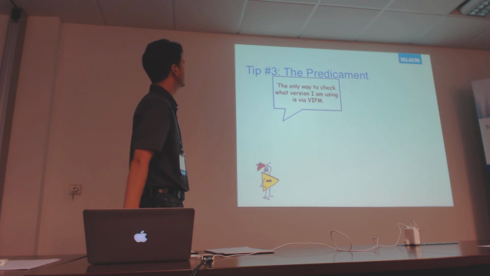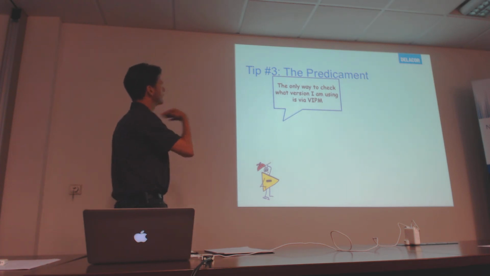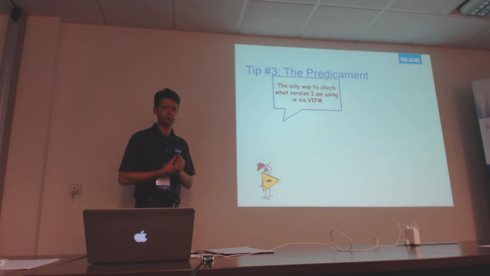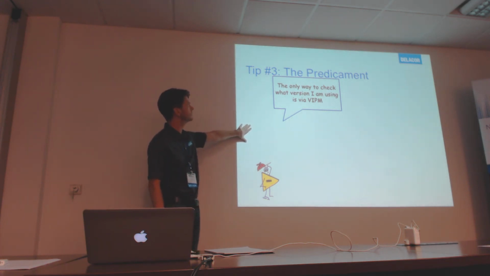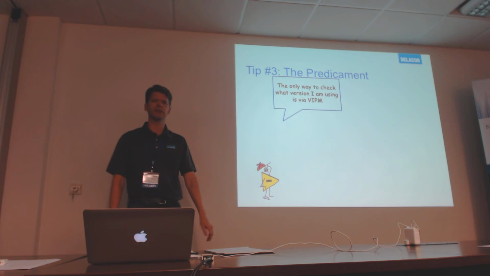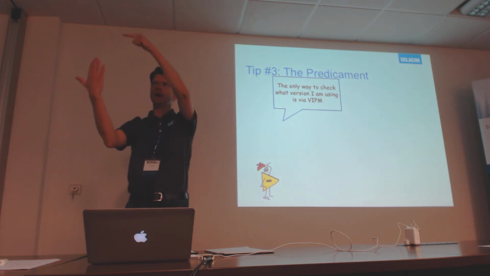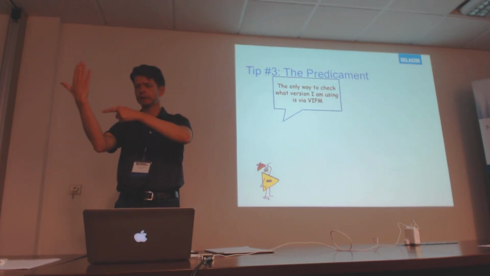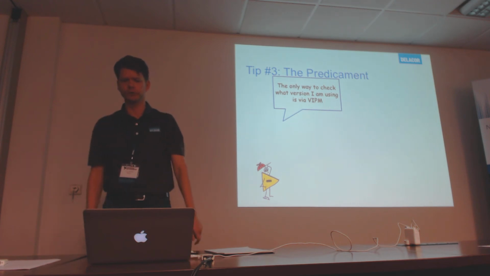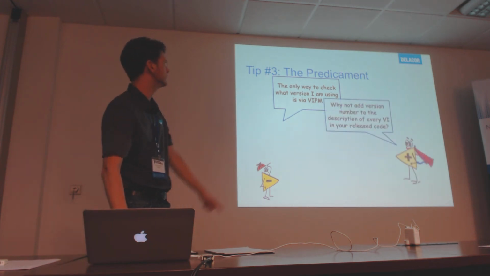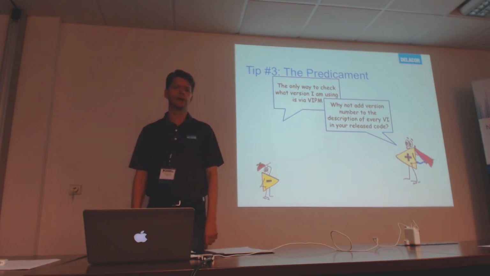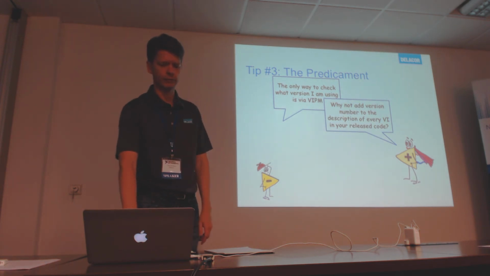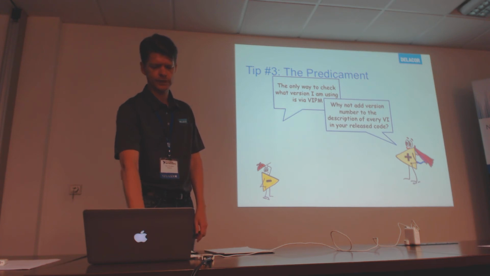So, tip number 3. If you're doing this and you're rebuilding these reuse packages, how do I check what version I'm using? Well, surely the only way is via VIPM. So I've now got to load VIPM, get this huge long list of packages, find the one I'm looking at and see what version it is. Well, you could add a version number to the description of every VI in your package. You could do that programmatically, you could write some scripting code.